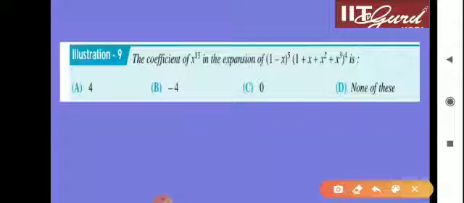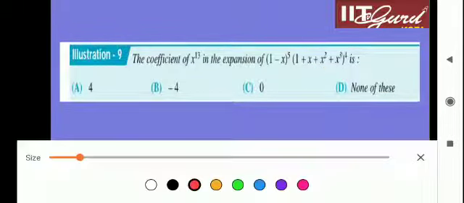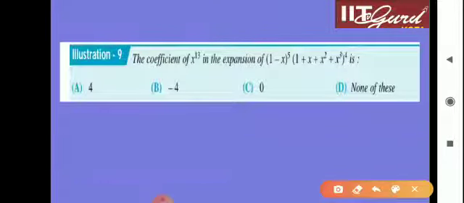So what I have to do over here, 1 minus x to the power 5, simply you have to write as 1 minus x to the power 5, just copy it out. Okay, and for this 1 plus x plus x square plus x cube to the power 4, what you have to do, let's see, 1 minus x to the power 5, note down simply.